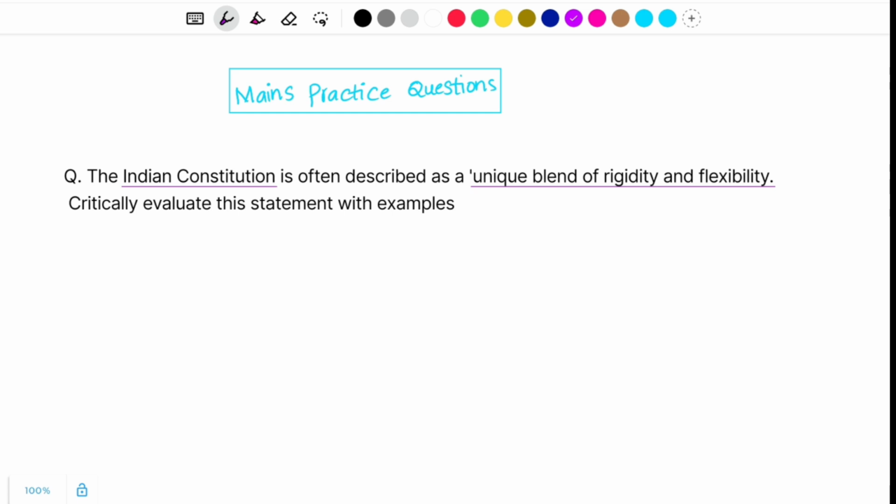When it comes to flexibility, ordinary laws can be simply amended. We are both Britain and America when it comes to amendment of the Constitution. So we are a mixture of rigidity and flexibility. Critically evaluate this statement with examples. You can write it with the examples of the United States of America and Great Britain. I hope you will write this answer.